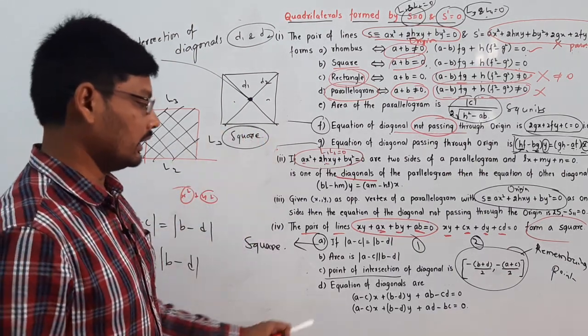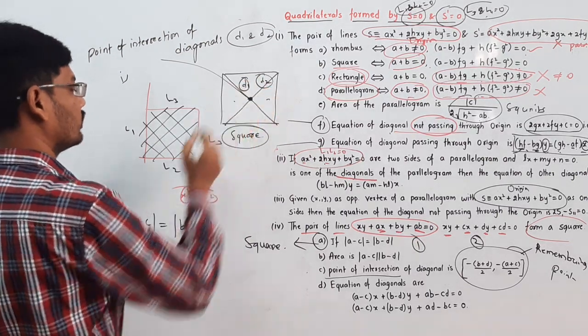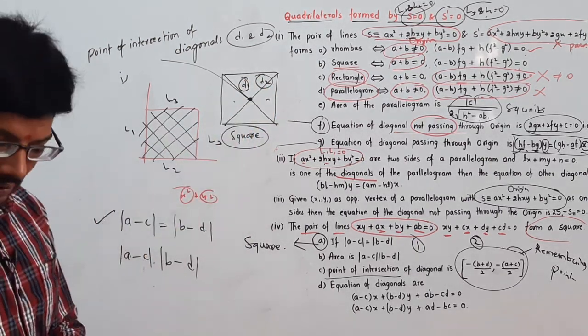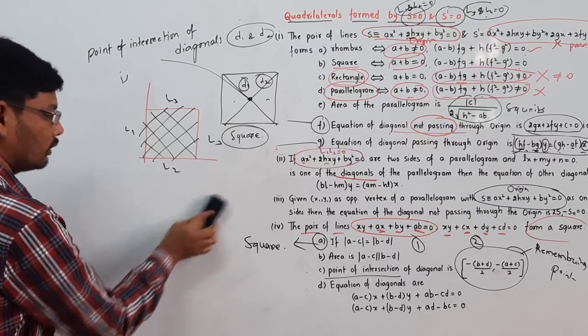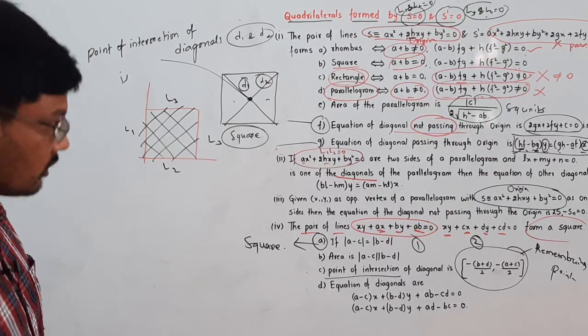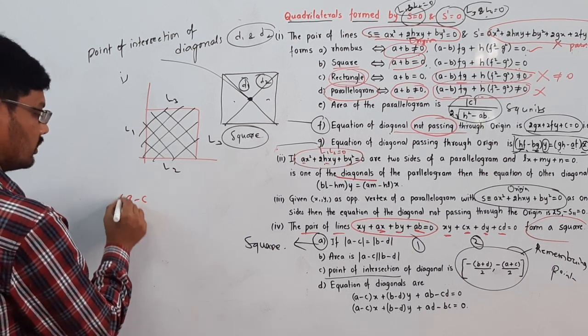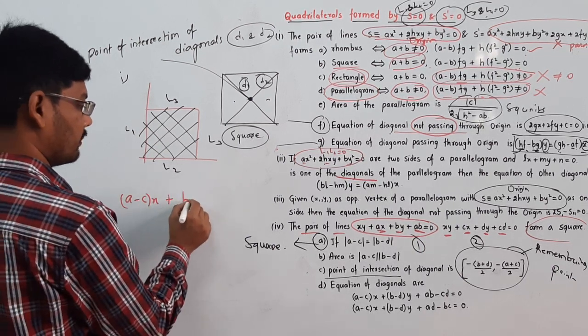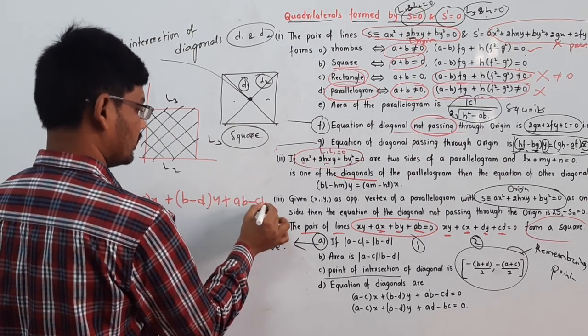And the next one, equation of diagonals. Here we have d1 and d2. If you want to find d1, the first diagonal of a square formed by the two pairs of straight lines, the equation is a minus c into x plus b minus d into y plus ab minus cd is equal to 0.